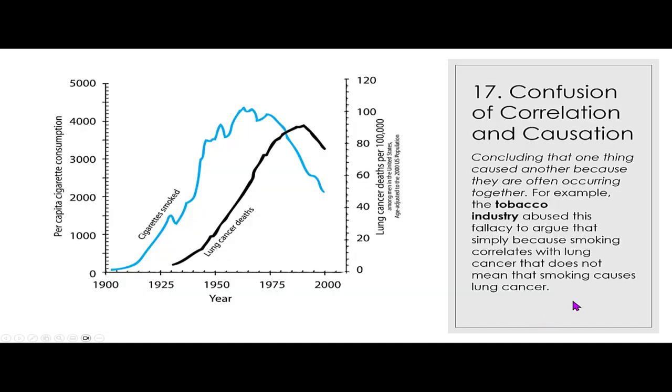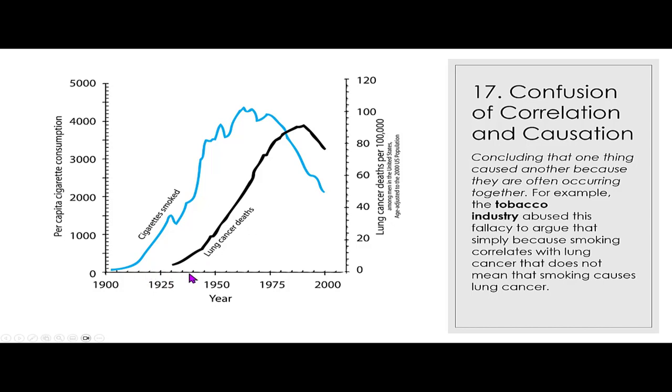Number 17 is confusion of the correlation and causation. So concluding that one thing caused another because they're often occurring together. So the tobacco company, for example, abused this fallacy to argue that simply because smoking was correlated with lung cancer deaths, that it wasn't the causative agent. It was just correlated, but not causative.